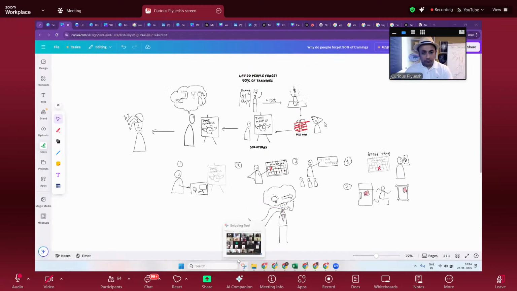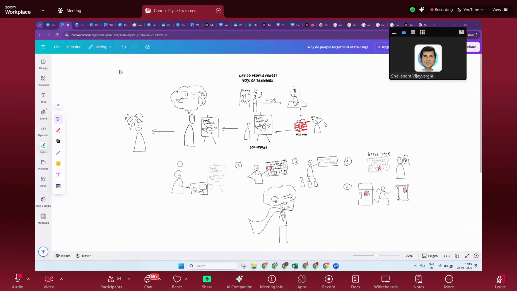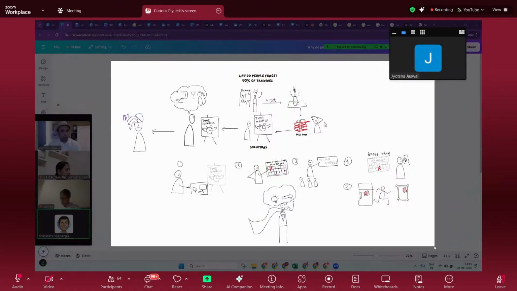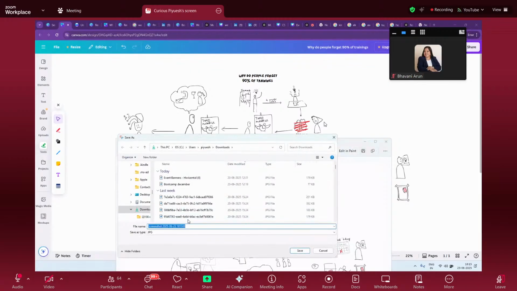You can share on Zoom chat only. There's a small icon which says file. When it gets downloaded, you select that file and upload it.